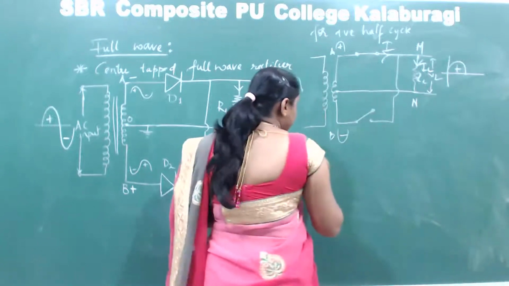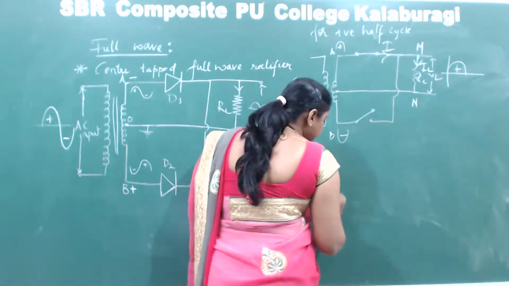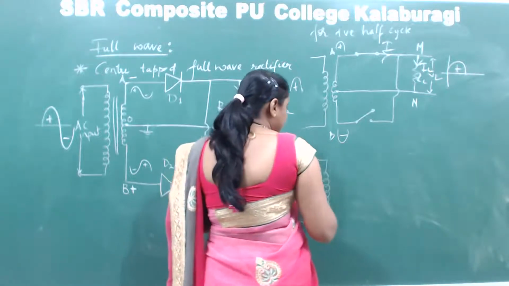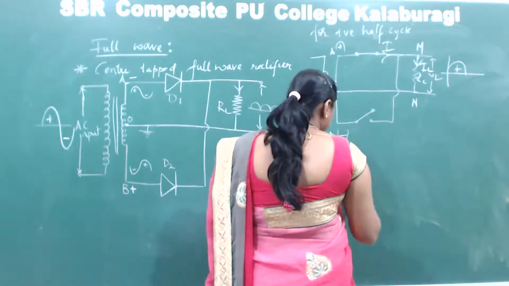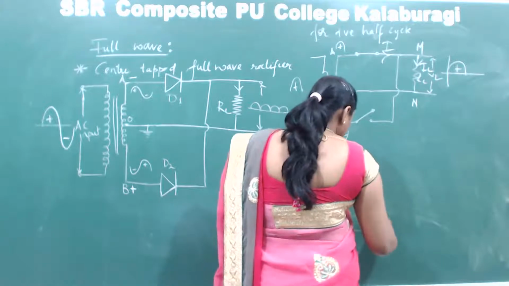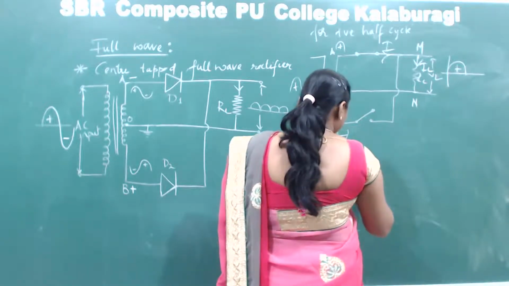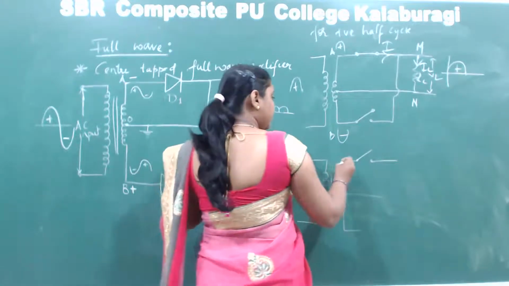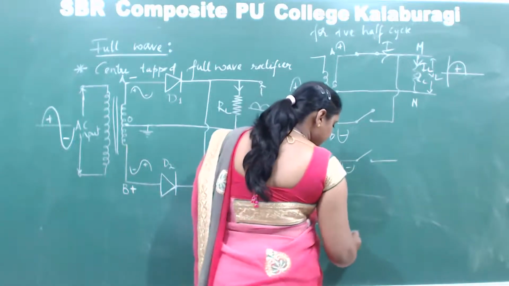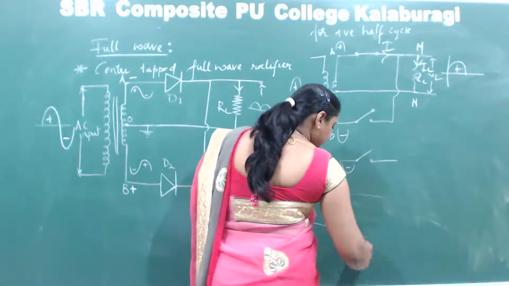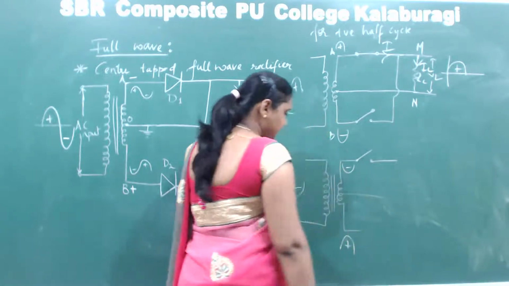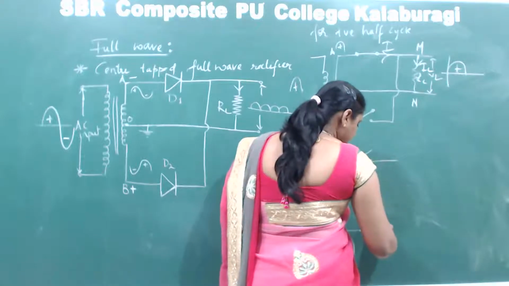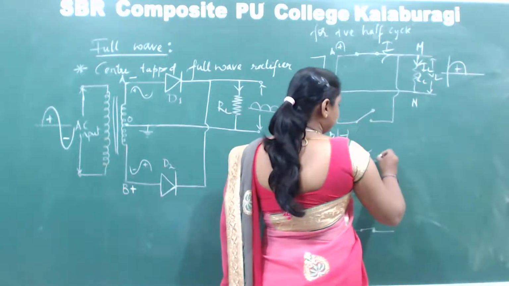Now we will see what happens for the negative half cycle. The circuit is applied with the negative half cycle. Now A is receiving the negative half cycle, whereas B is receiving the positive half cycle, and this will be acting as a closed switch now.